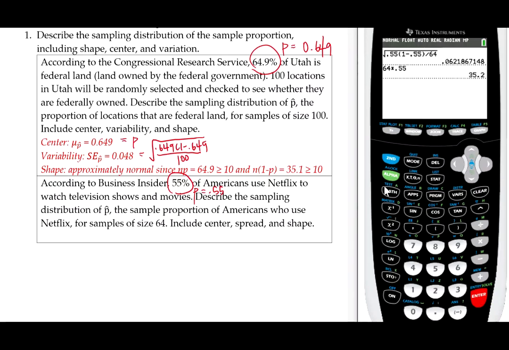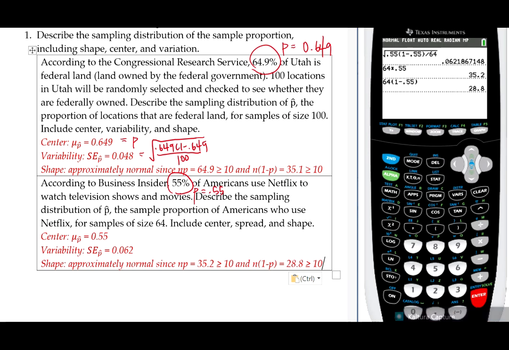There's our n times p, which is 35.2. That's big enough because it just needs to be above 10. And then we're going to do 64 times 1 minus 0.55. And we get 28.8, which is also above 10. And so therefore our shape of our sampling distribution is approximately normal.